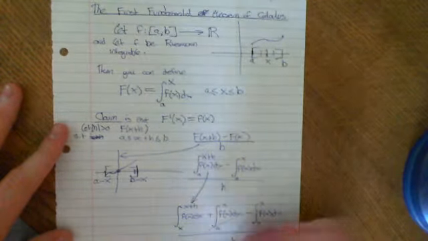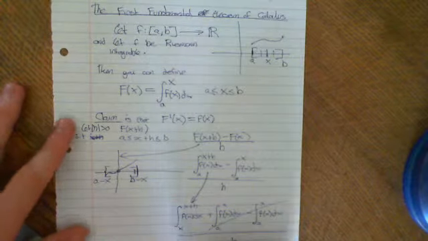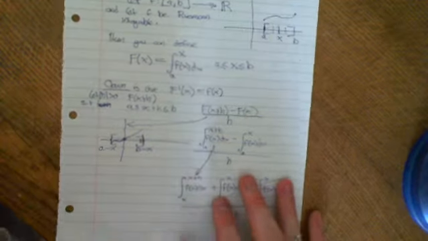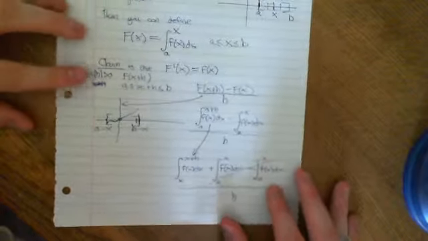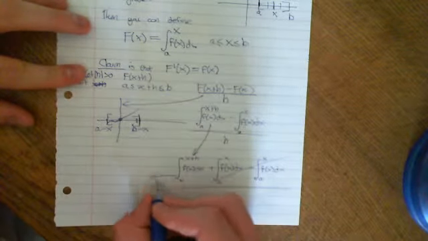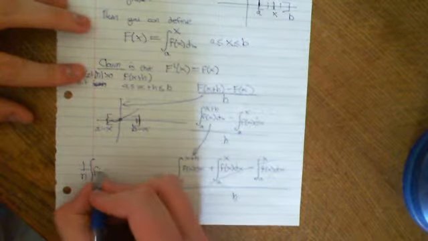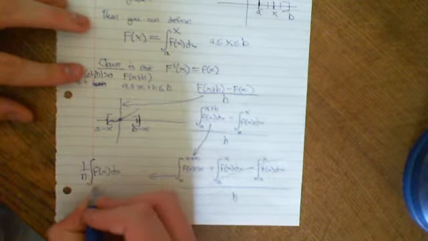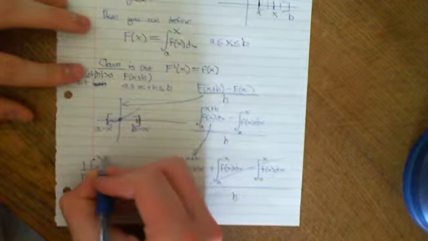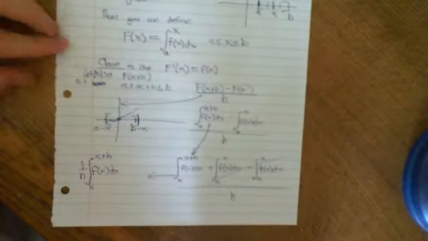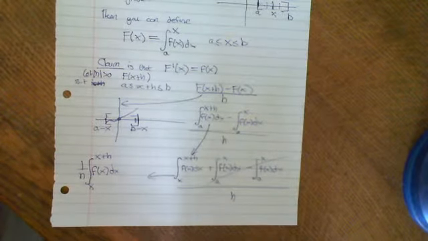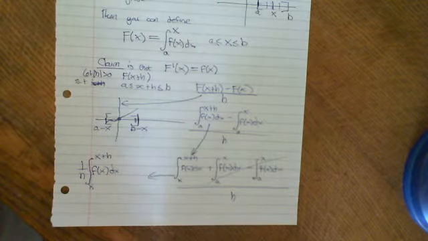So obviously this bit cancels, and we are left with 1 over h, the integral of little f of x dx from x to x plus h.